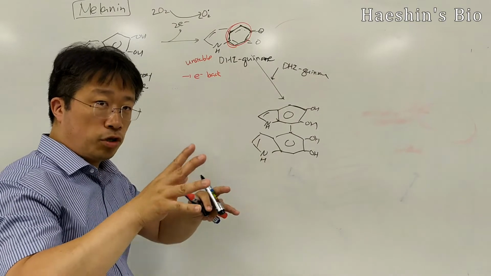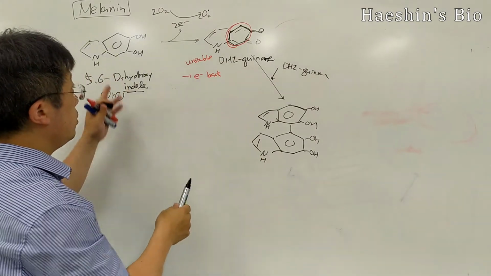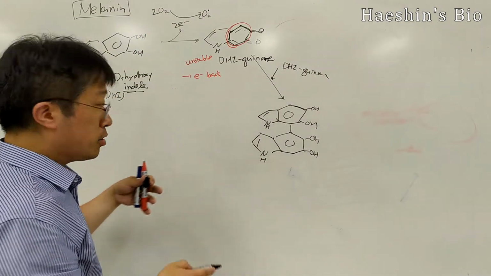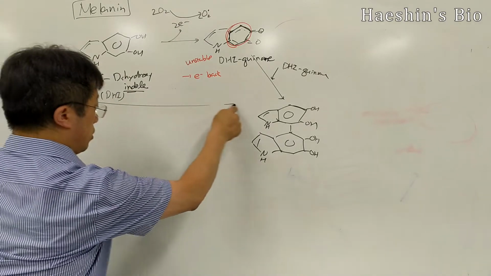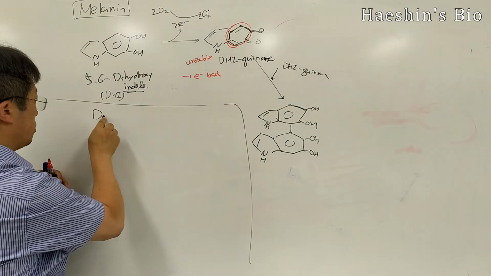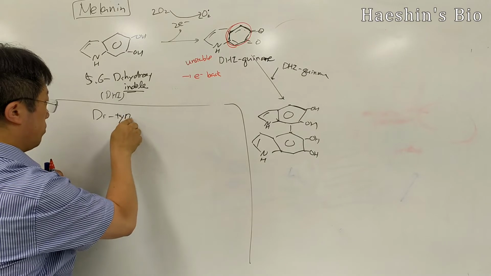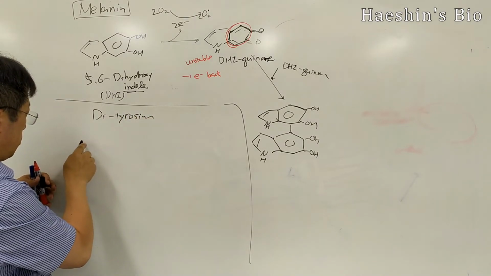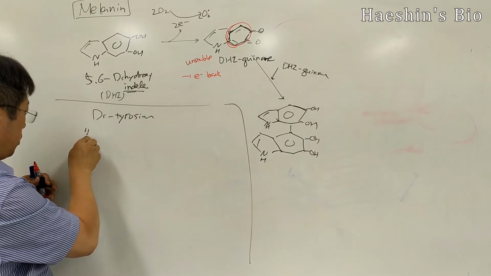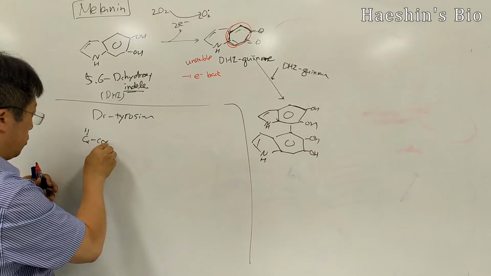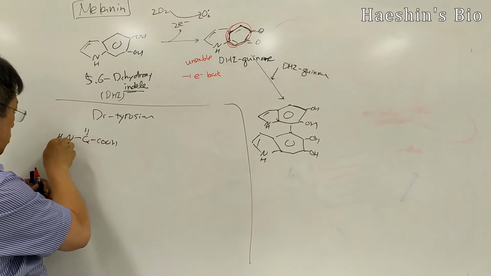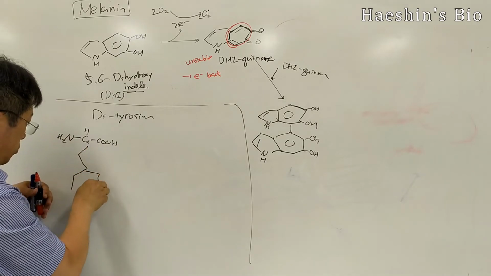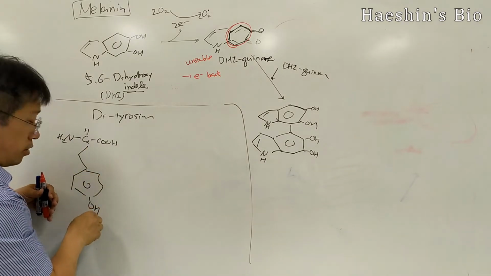So now we change the topic a little bit. These chemistries occur in dityrosine. So this is dityrosine. Same. So tyrosine we have now C alpha, H, H2, here, right?